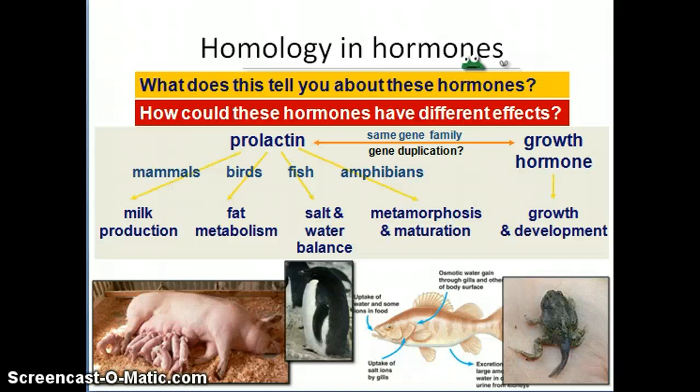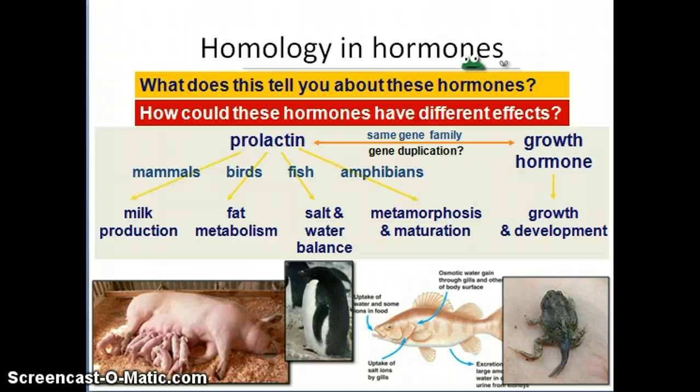So homology means that there's either similar function or similar structure in something between different species. In the case of hormones, we can have the same hormone have different effects, or we can have the same effect with different hormones.